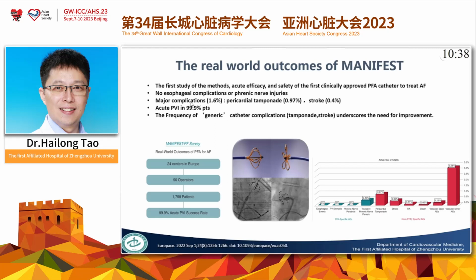It reported the major complications as cardiac tamponade and stroke, but they were very low. And for acute PVI, almost all the patients achieved this endpoint. But the frequency of generic catheter complications, for example, tamponade and stroke, underscores the need for improvement of the catheter.